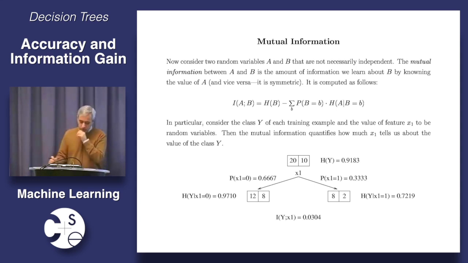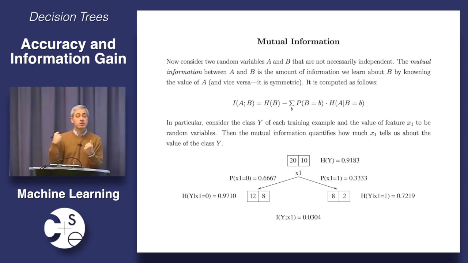Actually, before we go on to that, what we typically use is not just the entropy, but what is called the mutual information. What is mutual information? The mutual information between two variables is the reduction in the entropy of one of the variables that you get from knowing the other.